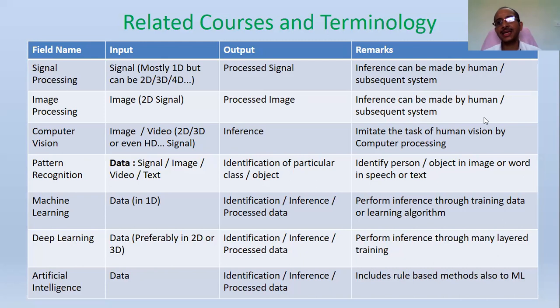Because it carries the information of the system, its inference is also of great importance. For inferring that, signal processing works either in the time domain or the frequency domain and so on, and the input and output are mostly signals, be it a one-dimensional, two-dimensional or three-dimensional signal and so on.